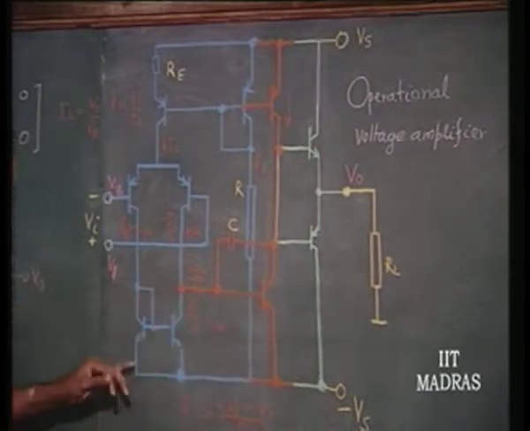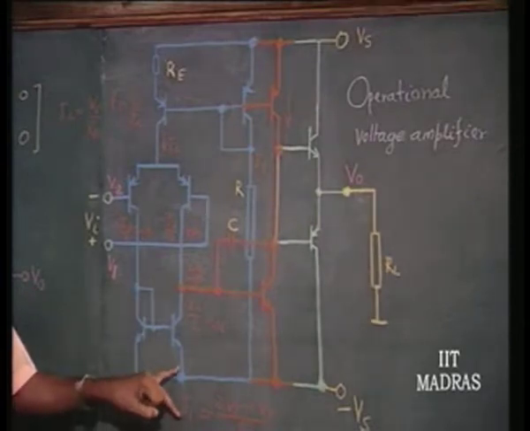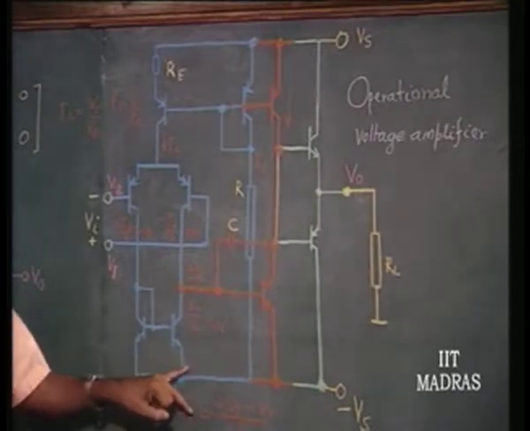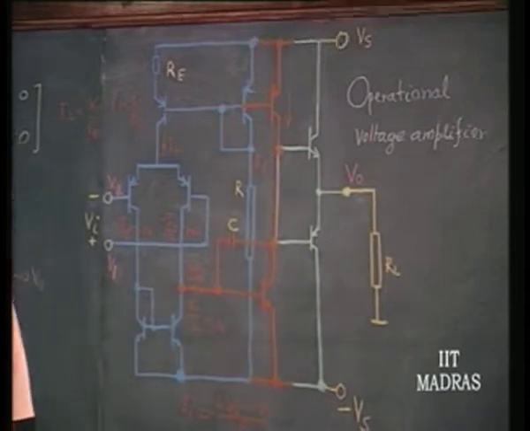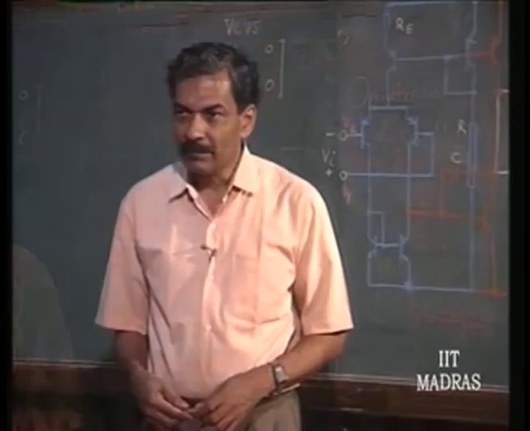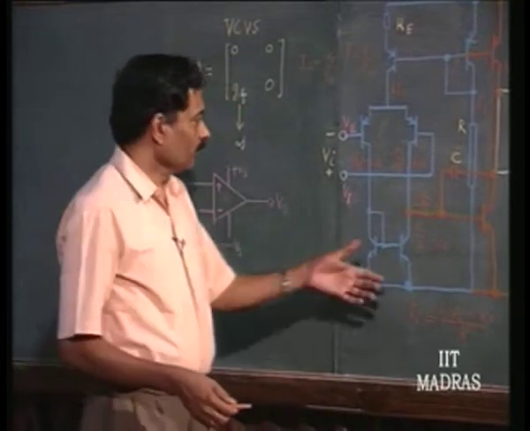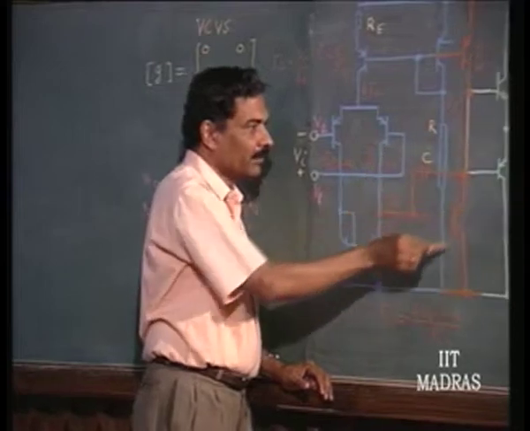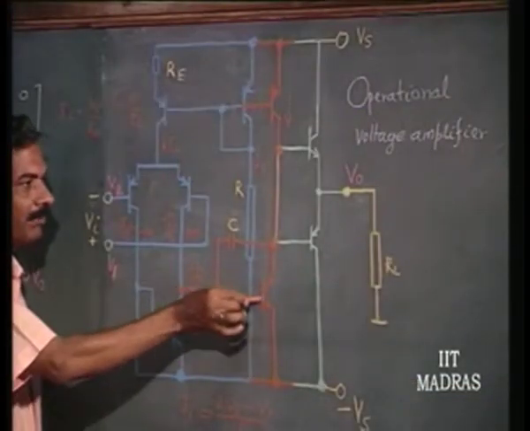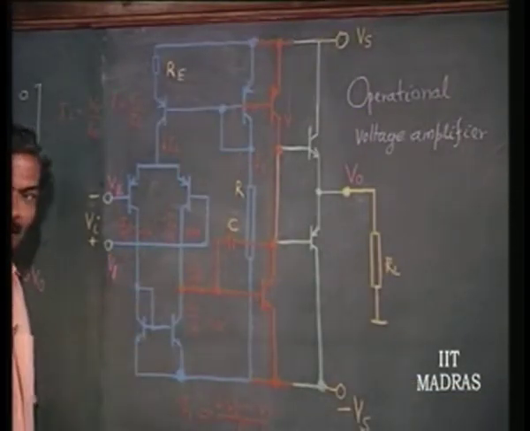Here again, we can increase the impedance level by putting emitter degeneration resistors, or using Wilson current mirrors. So, we can improve the gain of this whole thing by adopting proper techniques.